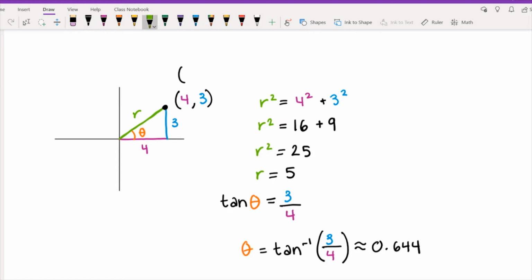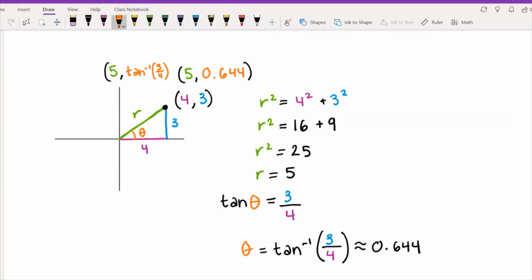And so what that tells us is that the polar coordinates of this point would be equal to, so the r was 5, and then the angle was approximately 0.644. But technically, if you wanted to make this without rounding, you could also write it as 5, and then just say inverse tangent of 3/4.